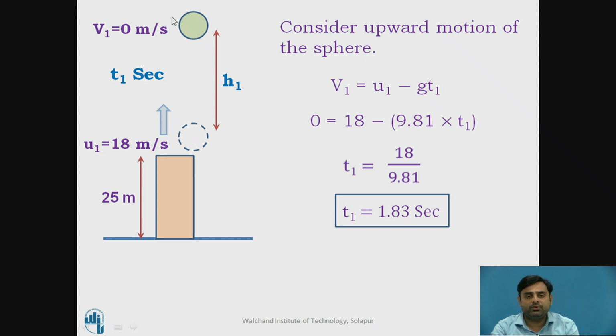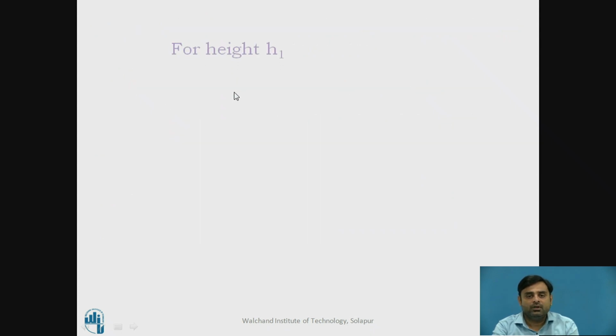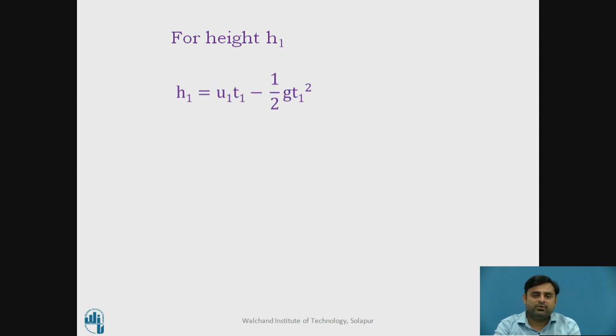Once we know the time, we can easily find h1, using the formula h1 is equal to u1 t1 minus half g t1 square, that is, h is equal to ut minus half gt square.